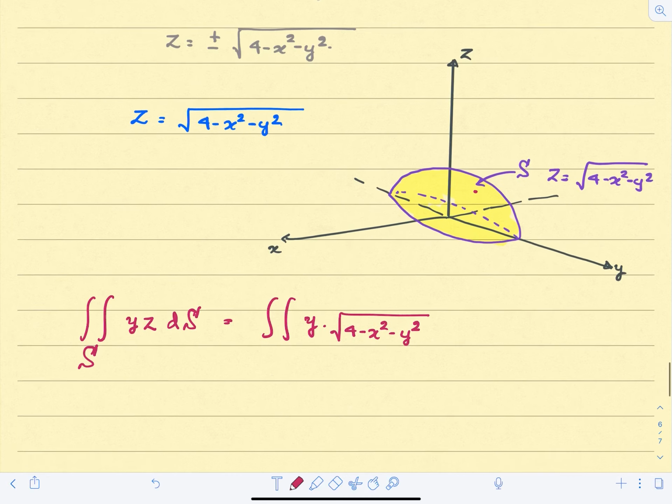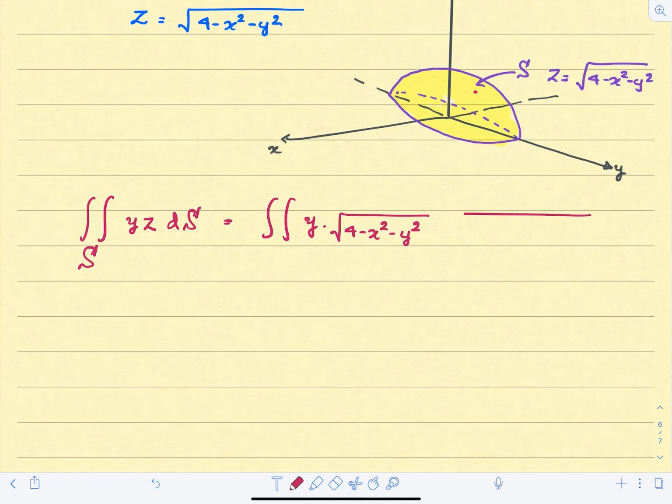What is dS? dS equals the square root of 1 plus partial f of partial x squared plus partial f of partial y squared dA over the domain D.